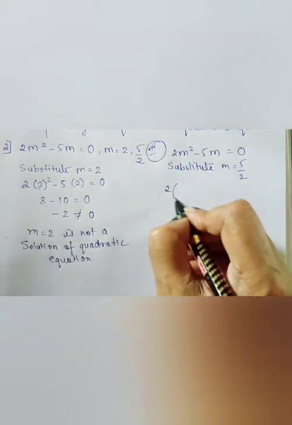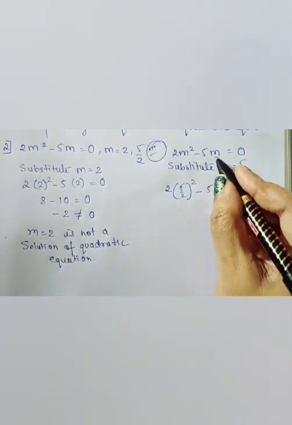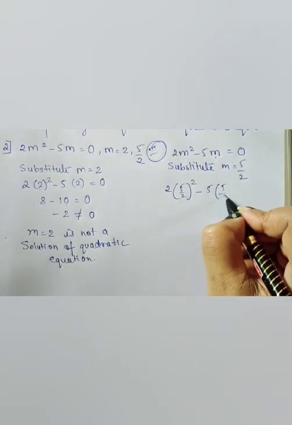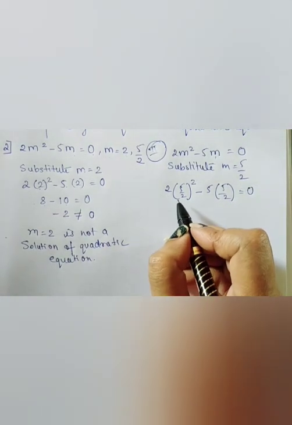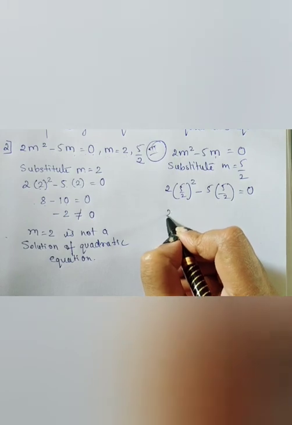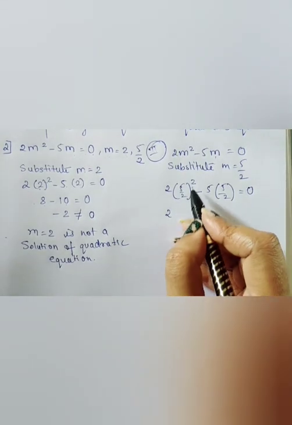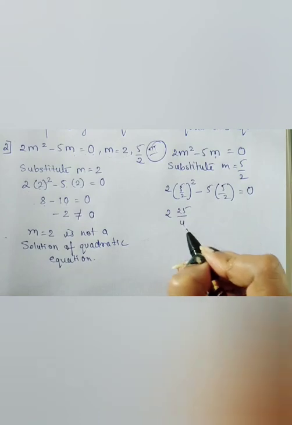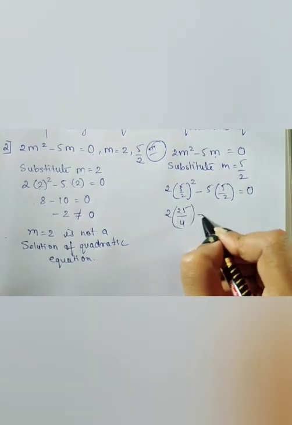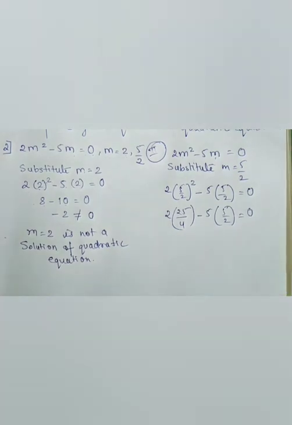So 2 in the place of m, 5 upon 2 square, minus 5 again in the place of m, 5 upon 2 equal to 0. Now here you can see we are having 2, and after that 5 square is 25 and 2 square is 4, 25 upon 4, minus 5 upon 2 as it is I am writing.